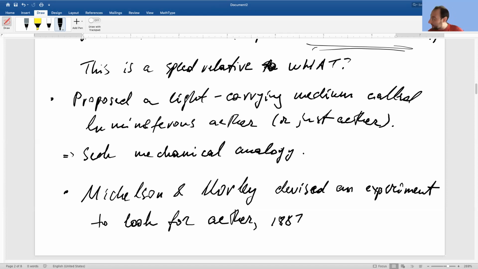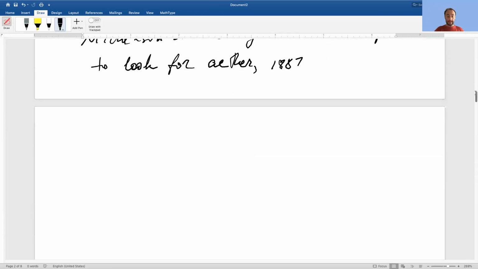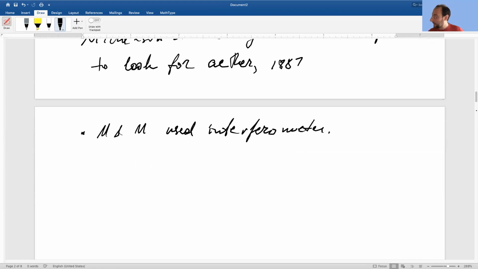Now, I can fill in a little bit more detail than just saying what I said. Michelson and Morley used an interferometer, so let me explain.